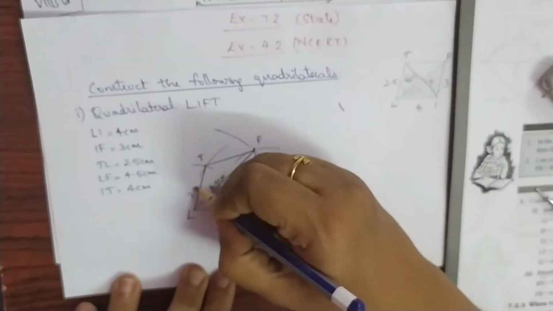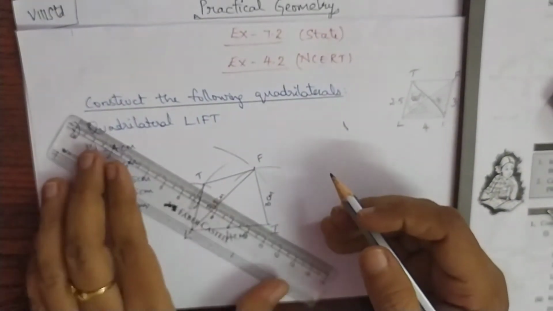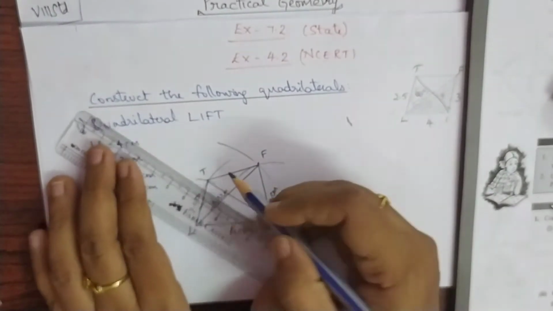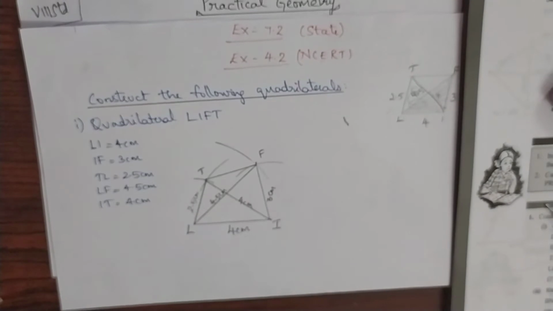This is 2.5 centimeters, and this is the diagonal which I need to join, which is 4 centimeters. I hope you have understood, children.